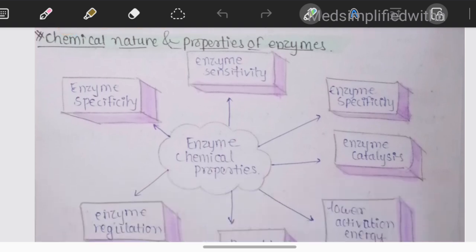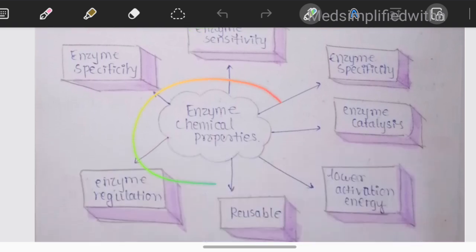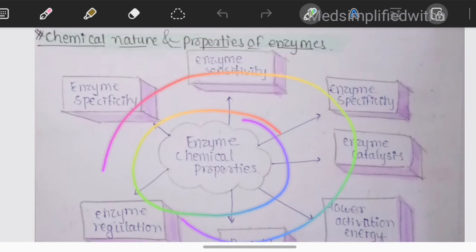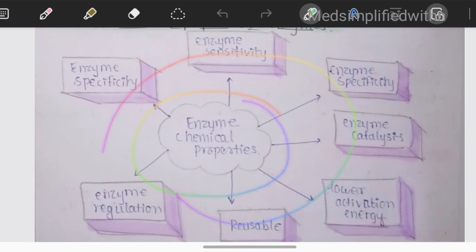Here we will see about the chemical nature and properties of the enzymes. These are the properties: enzyme sensitivity, enzyme specificity, enzyme catalysis, lower activation energy, reusability, and enzyme regulation.